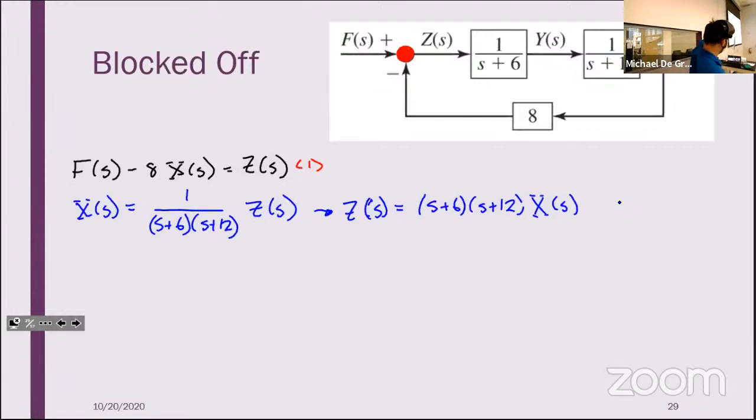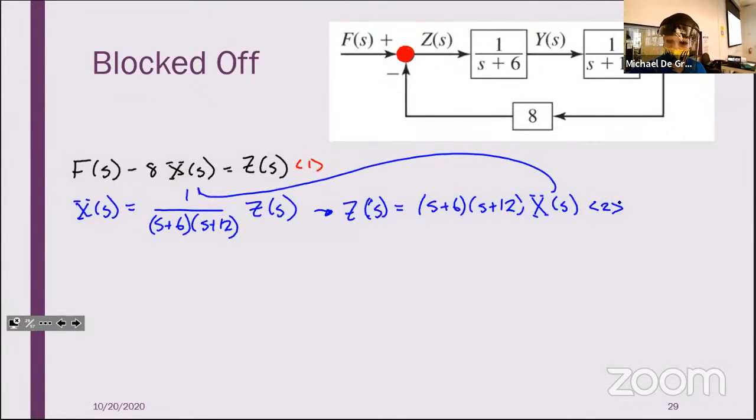But anyway, now I've got an expression for z of s in terms of x, right? And I'm going to plug that in here. Why do you use z of s and not y of s? Because you could do y of s, but y of s just goes right into 1 over s plus 12.